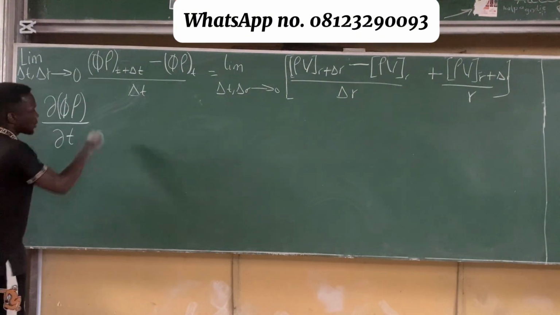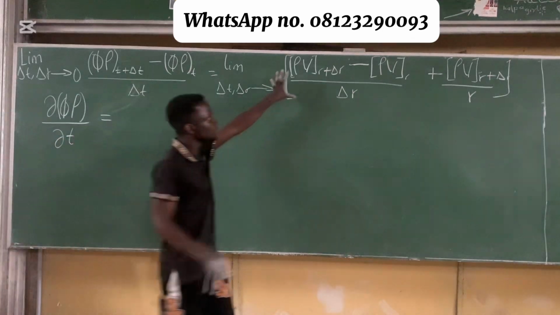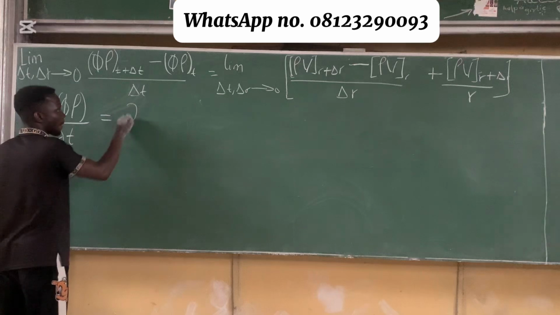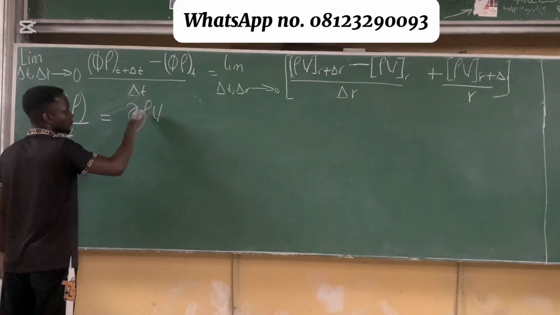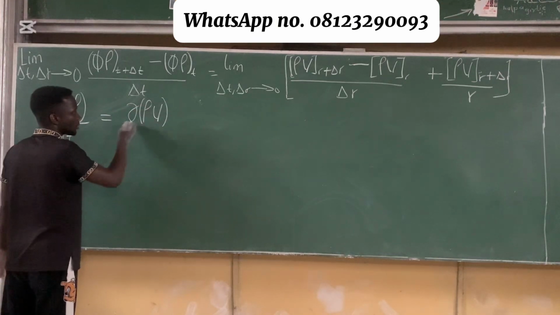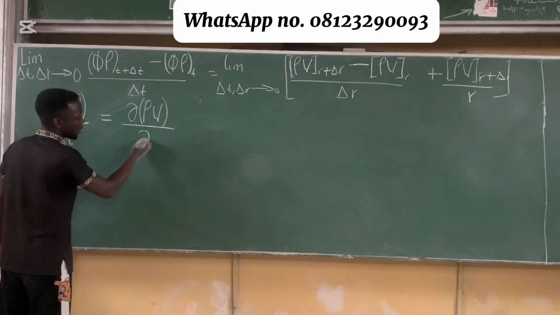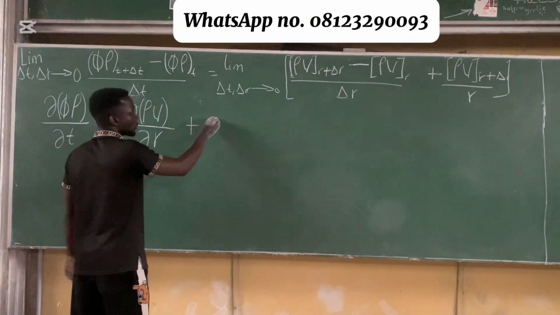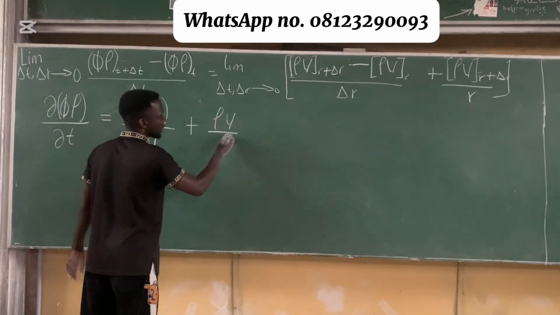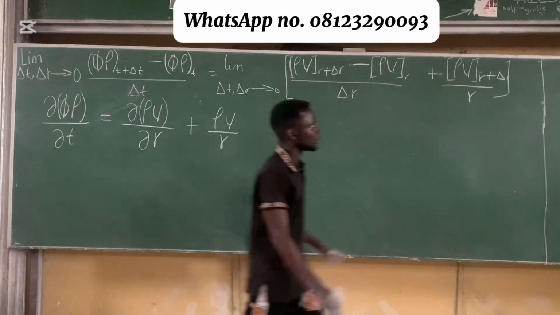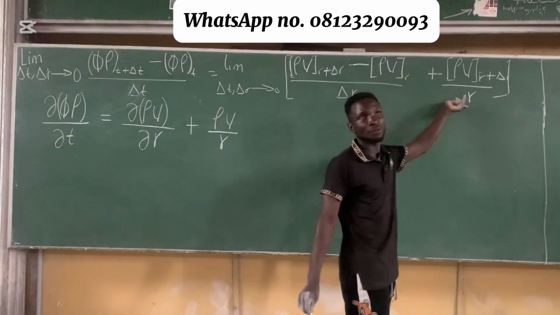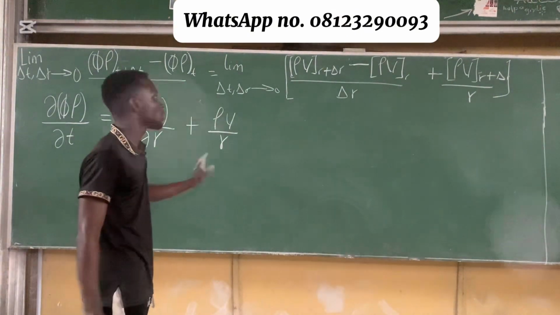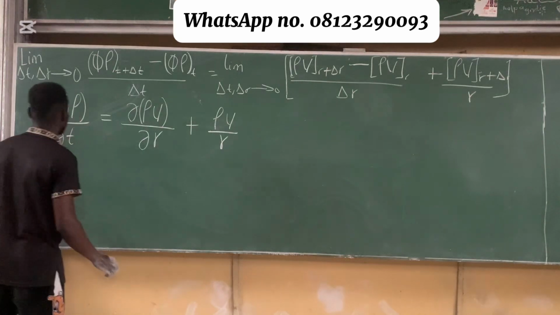Partial t will be equal to, limit this one here to 0, we are going to have partial rho v divided by partial r, then plus rho v divided by r. Remember, it's not going to affect this since this one is not dividing change in r. So we're just going to have rho v divided by what? r.